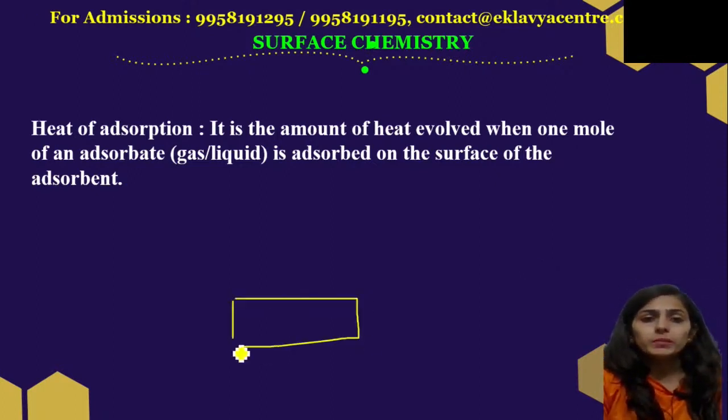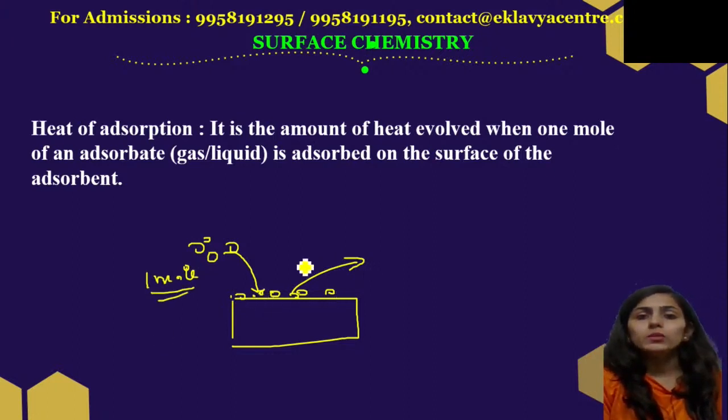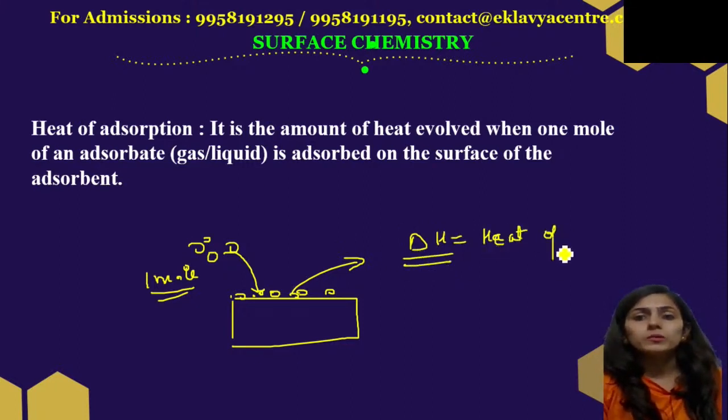Suppose this is the adsorbent. If 1 mole of gas is getting adsorbed on the surface of the adsorbent, when 1 mole gets accumulated on the surface, the amount of heat evolved will be the heat of adsorption. This is actually the heat of adsorption. Clear?